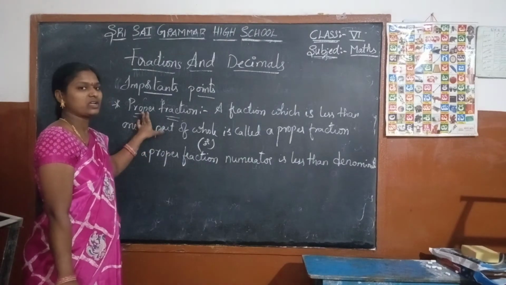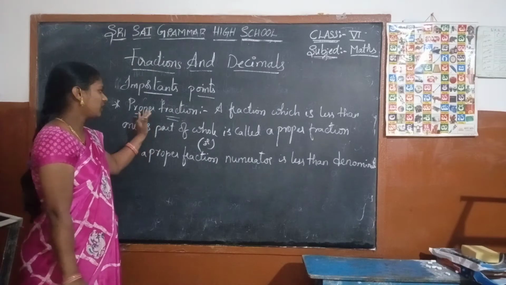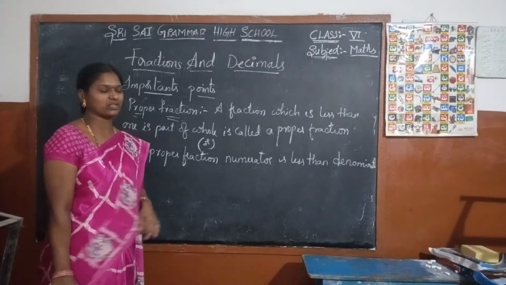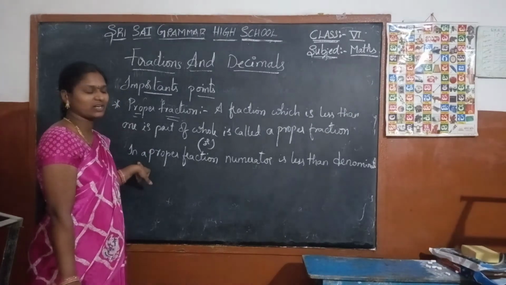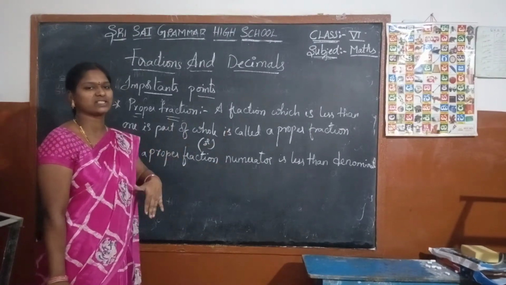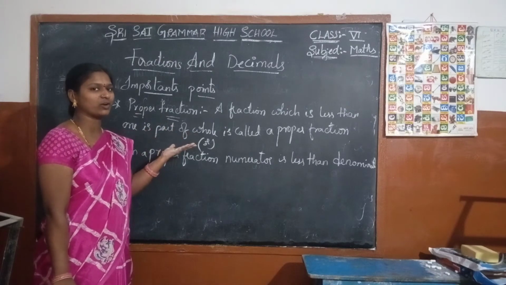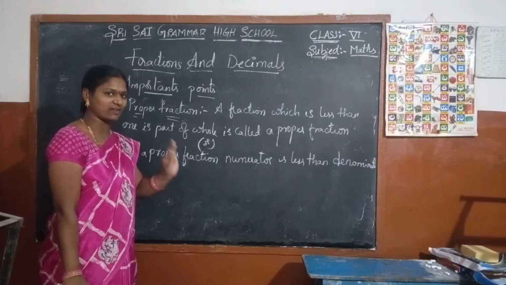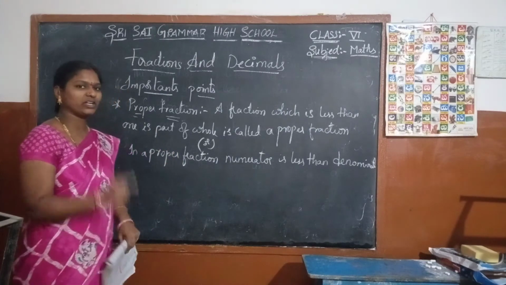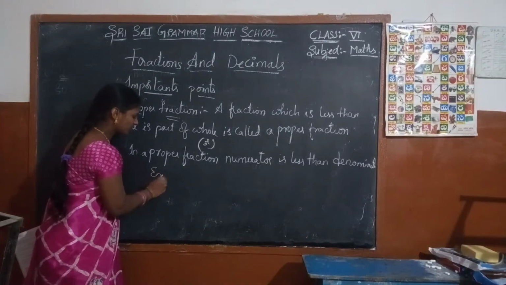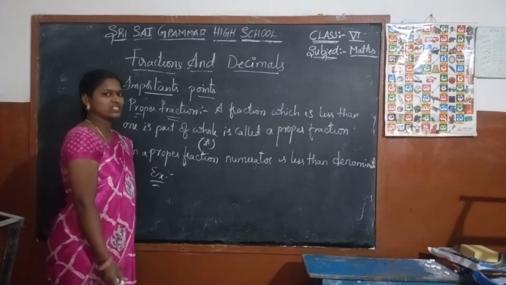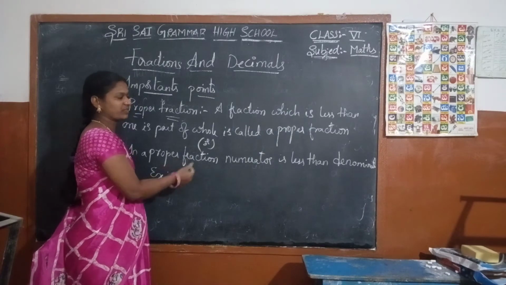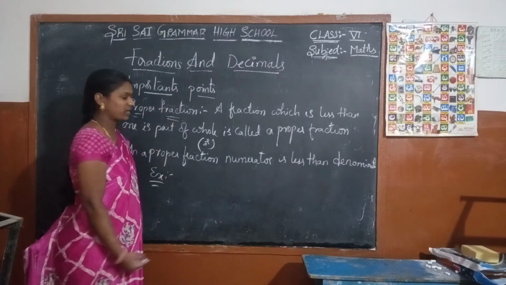We have learned which part we call the numerator and which part we call the denominator also. So, for example, I am going to give some examples. From that you can identify which is lesser and which is larger. In a proper fraction, the numerator is always less than the denominator.